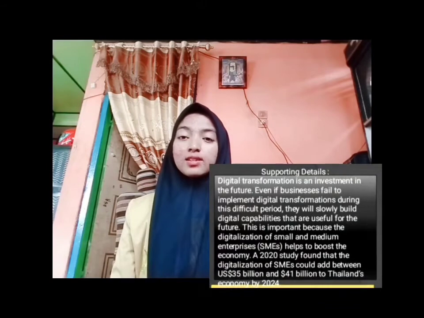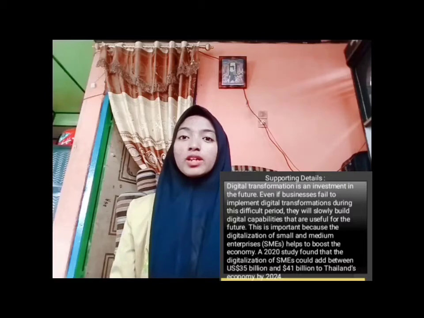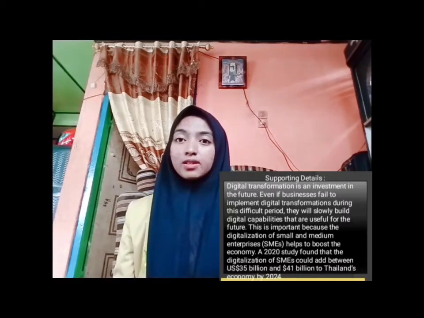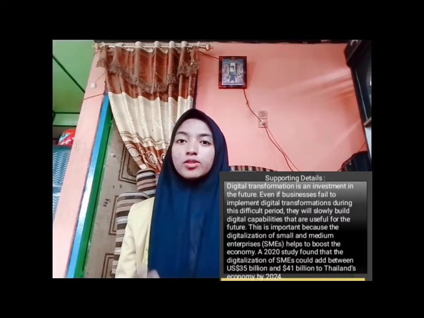And supporting details, in paragraph 2, we get them from the next sentence until the last sentence, because we get the information about the digital value proposition during the pandemic.